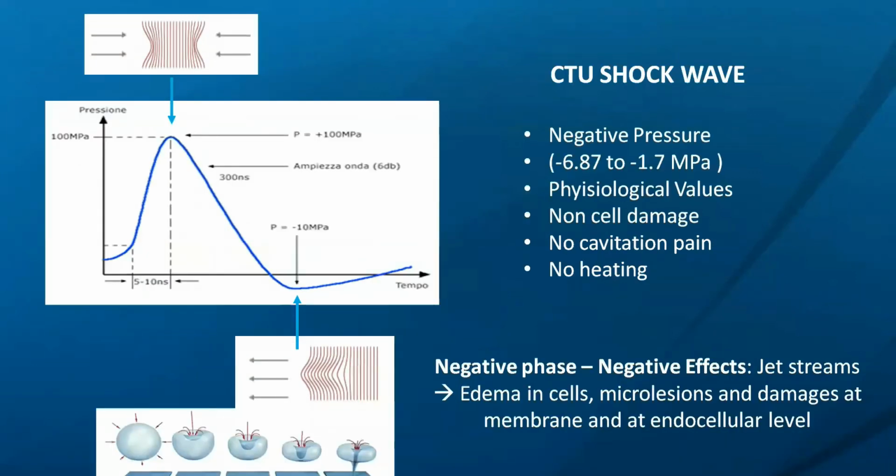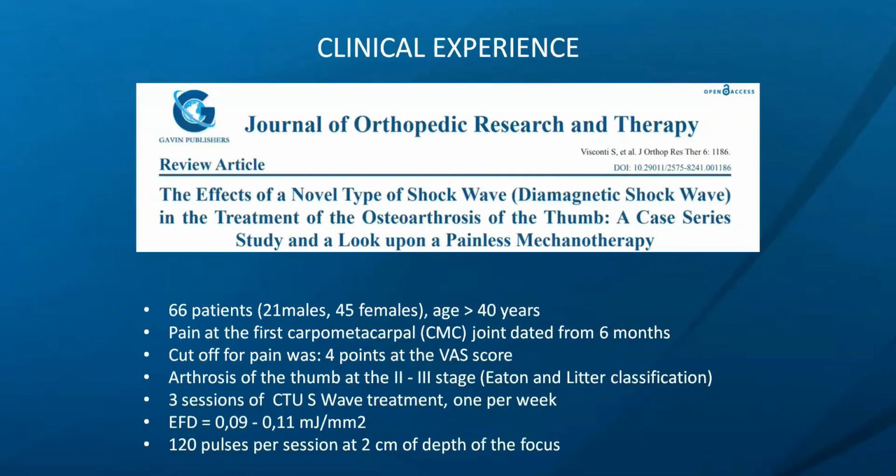With the C2 shock wave, we have a lower negative effect because we have lower values of this negative part of the shock waves, and we have a lower possibility to generate jet streams from the collapse of the cavitation bubbles.